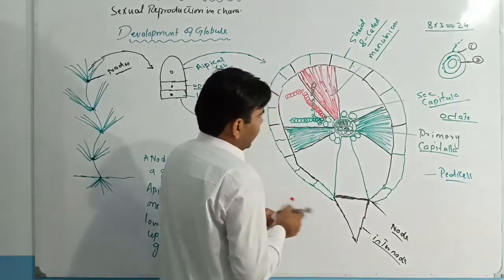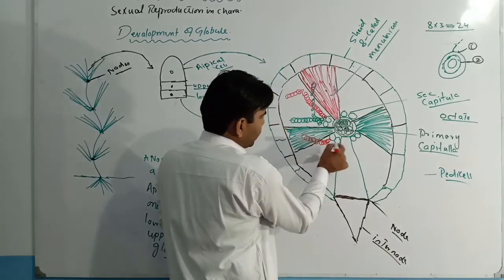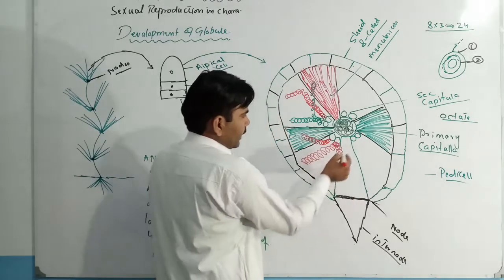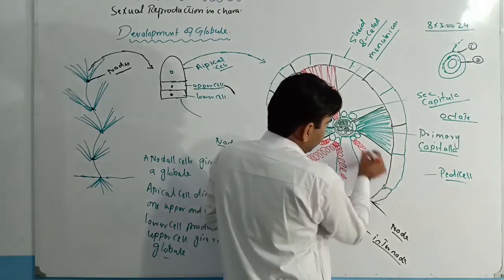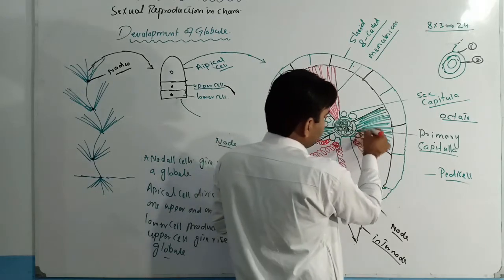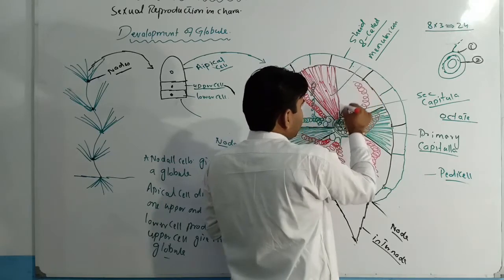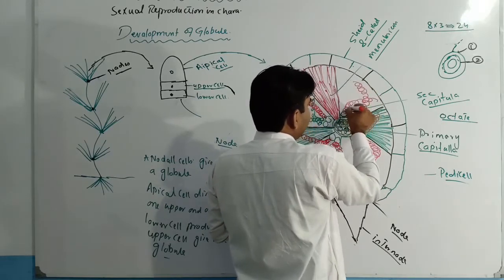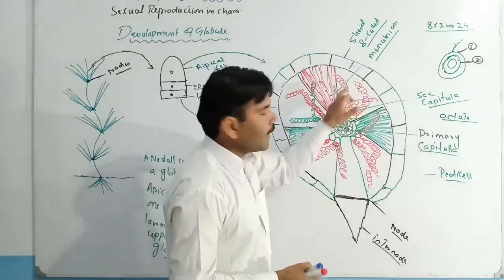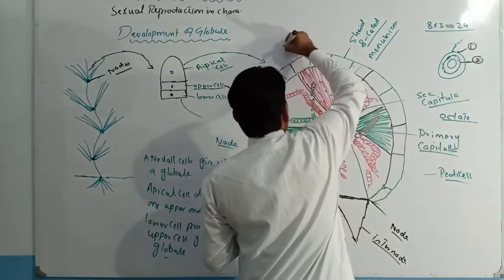These antheridial filaments are produced from the secondary capitula, and these secondary capitula are formed from the primary capitula. These antheridial filaments contain cells, and these cells are known as antheridial proper.